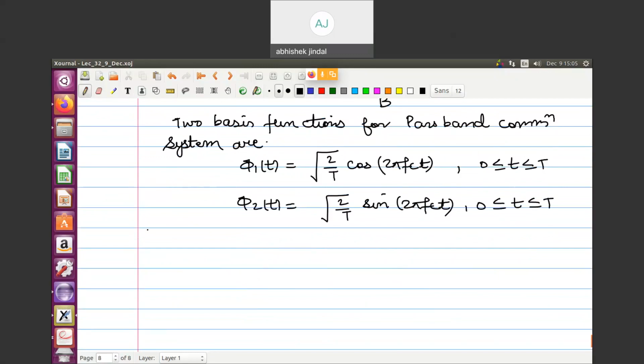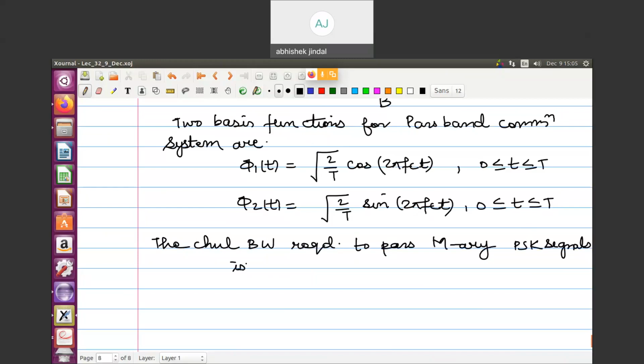So the channel bandwidth required to pass M-ary signals is B is equal to 2 upon T, okay, where T is the symbol interval.